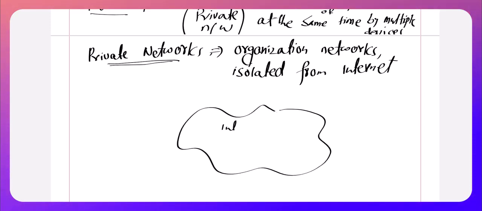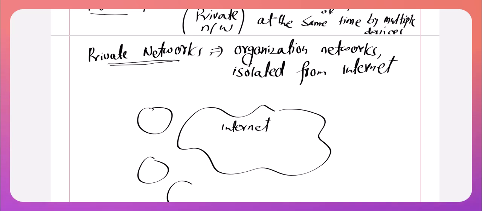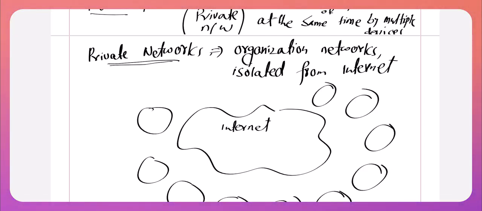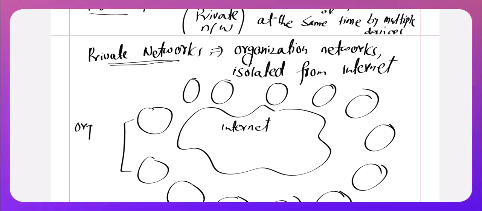After these divisions, the world had two types of network. One is called the internet, and the other is called organization networks. This one is public and these are private.